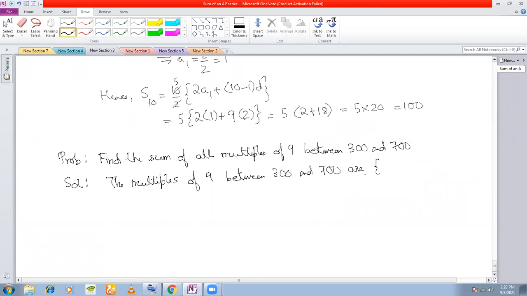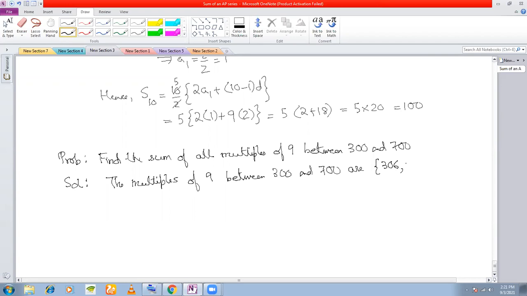No. 304, is it divisible by 9? No, the sum of the digits is 7. 305? No, the sum of the digits is 8. 306 is. So the first number above 300 that is divisible by 9 is 306.